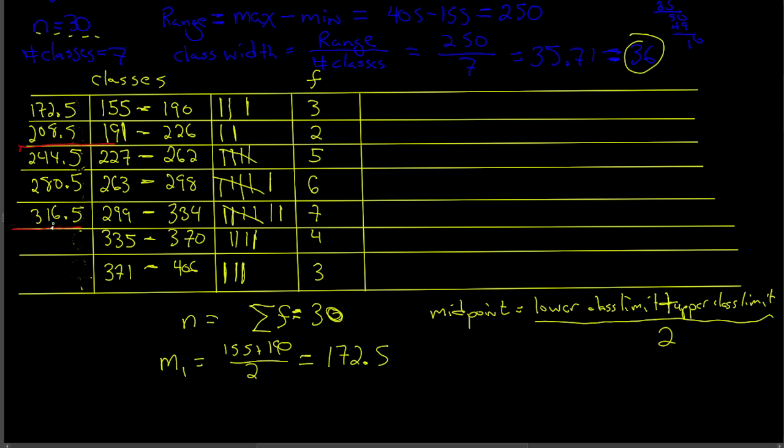And I can add 36 to this, which is 352.5. And I can add 36 to this, which is 388.5. And so these are my midpoints. And midpoints will help us when we do some of the graphing.